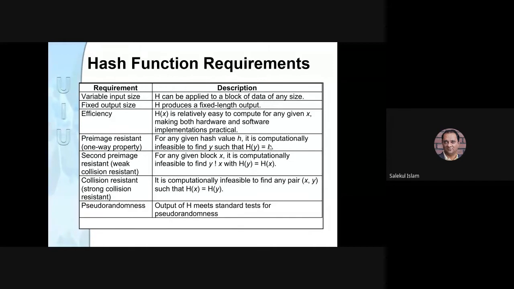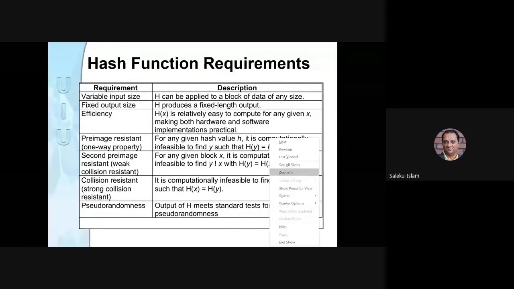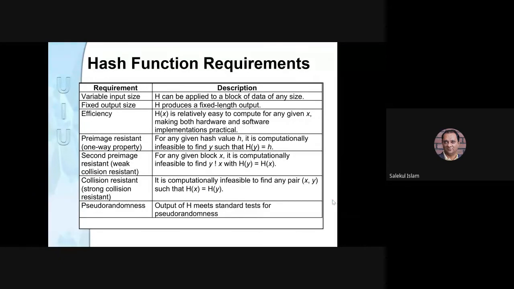If the attacker can find such a y, then we say this is not a good hash function and this requirement has been violated. We say that the one-way property requirement has been violated.